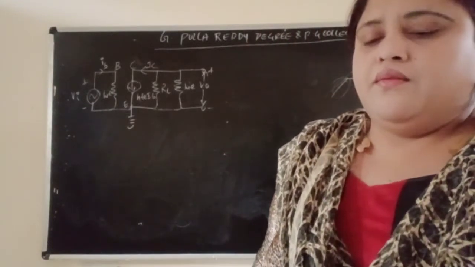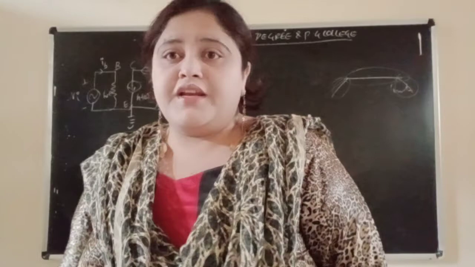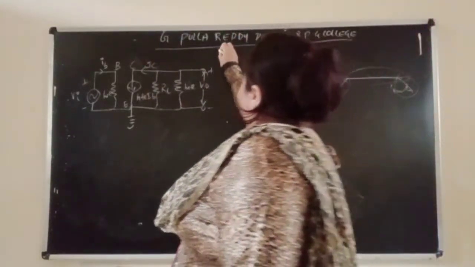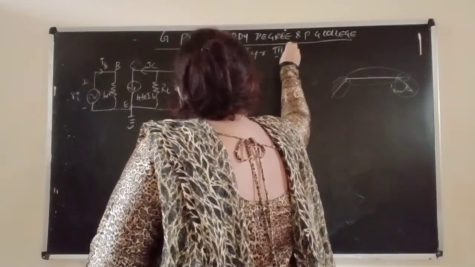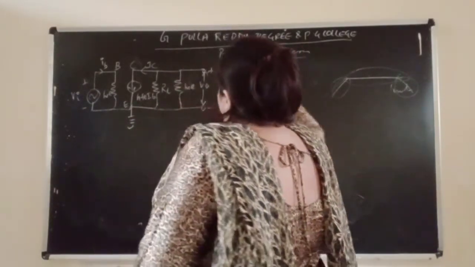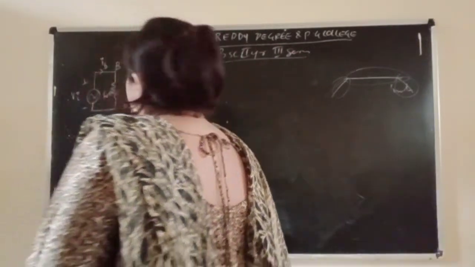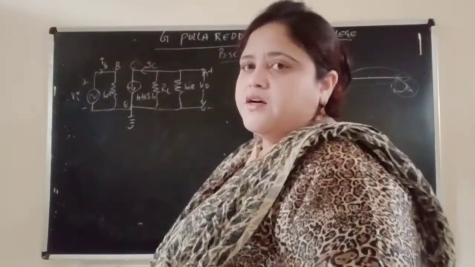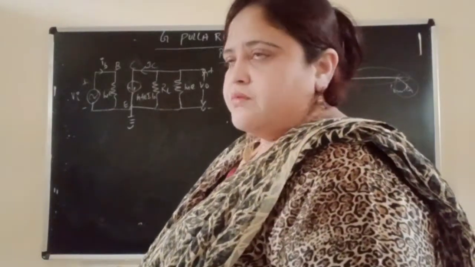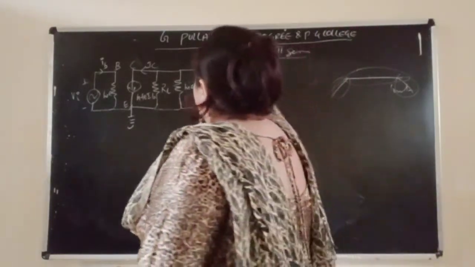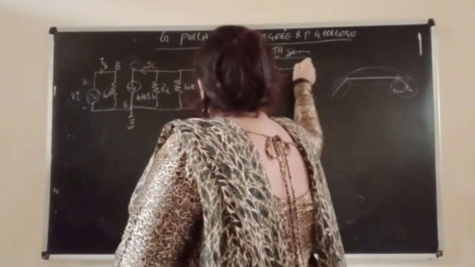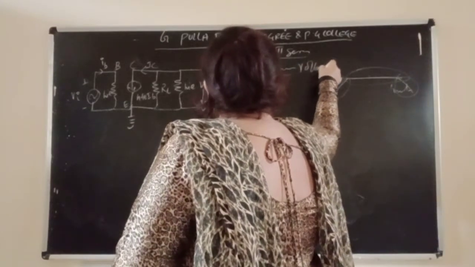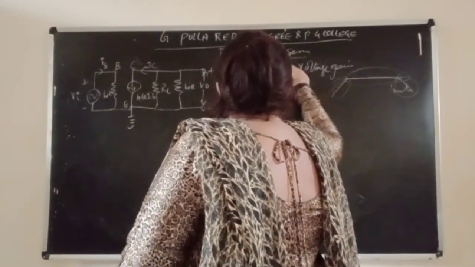Now we have to calculate the voltage gain in the mid frequency range. We are calculating the frequency response of the mid frequency range, and in it we are calculating the voltage gain.